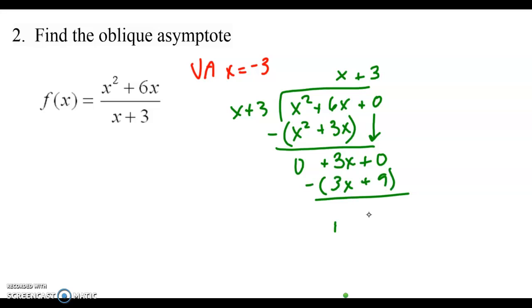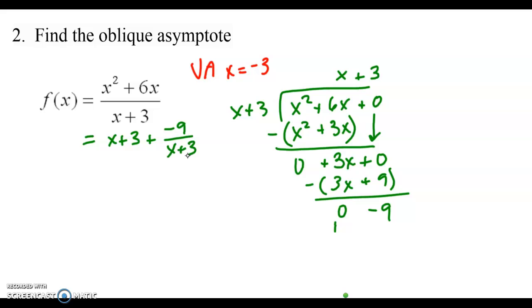Subtract that, and we should get 0, and 0 minus 9 is negative 9. So that result tells us that our answer when we divide is x plus 3 with a remainder of negative 9. We write that as x plus 3 plus the remainder, negative 9 over x plus 3.